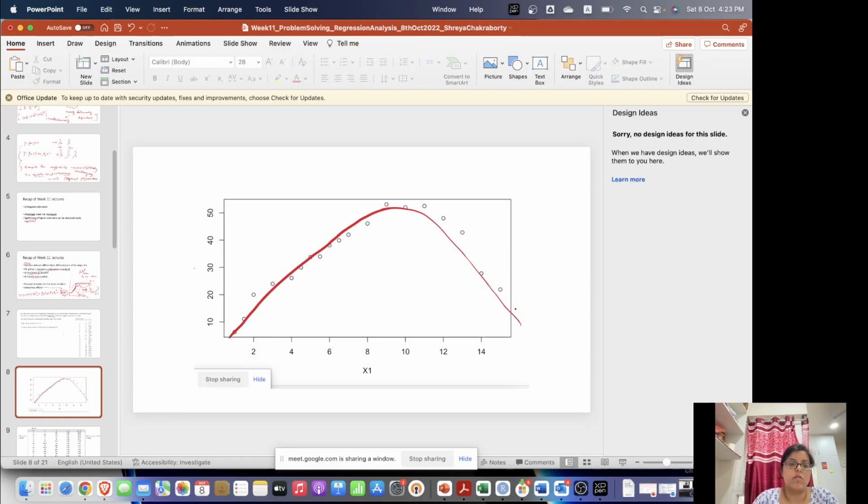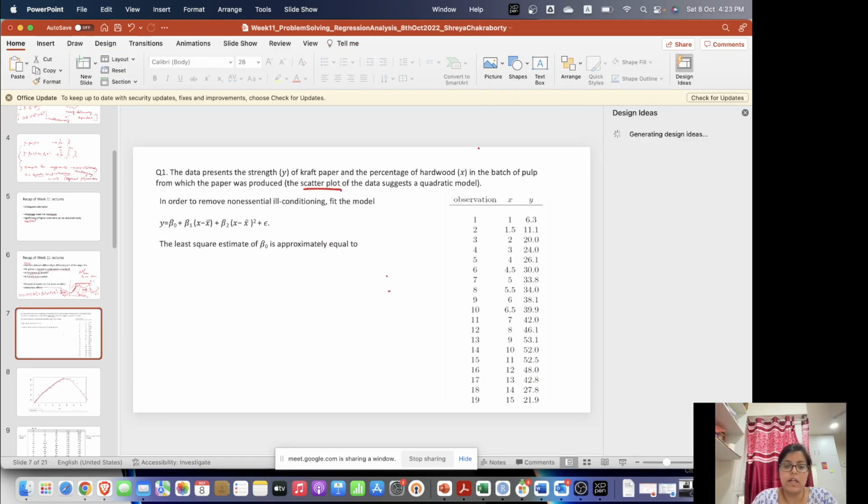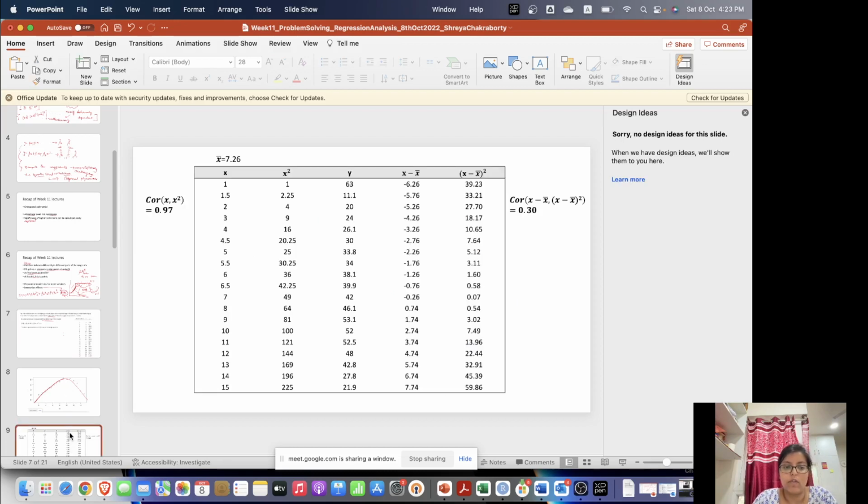From here they are saying to remove non-essential ill conditioning and fit this model. Why they are saying ill conditioning will also become evident. Here I have tabulated the values of x square, x minus x bar, and x minus x bar whole square.